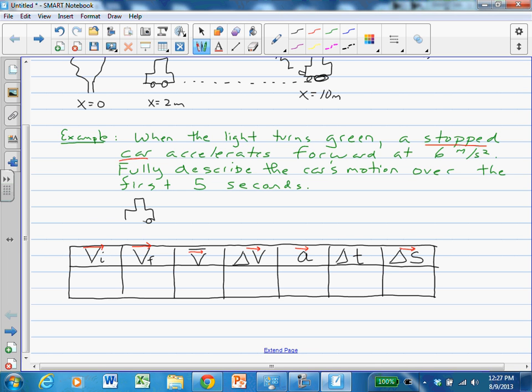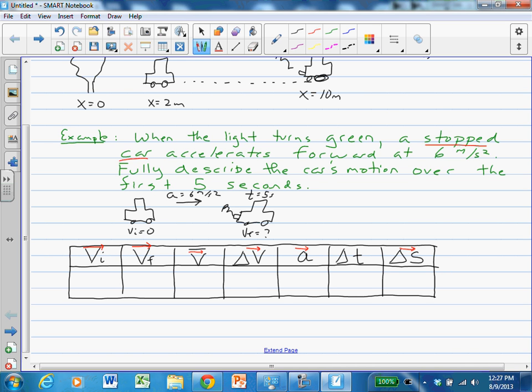It's good practice. And I write in some things. VI equals 0. It's accelerating 6 meters per second squared. It's going to go to a new point over here where it's moving. We don't know what the VF is, but we know that the time that it gets there is 5 seconds later. That's the one we're going to be interested in.